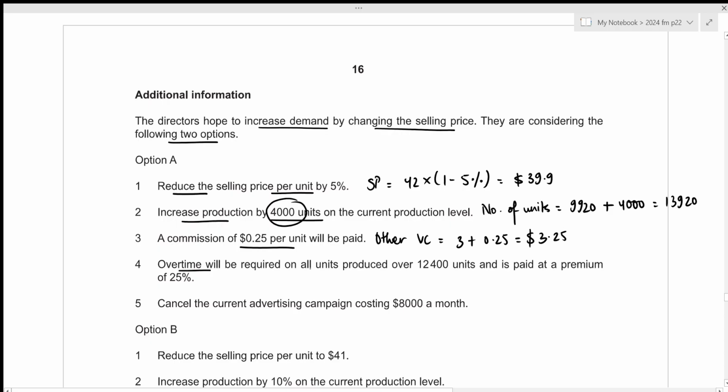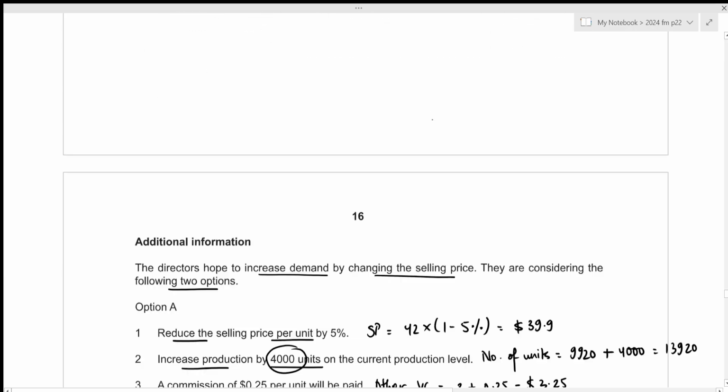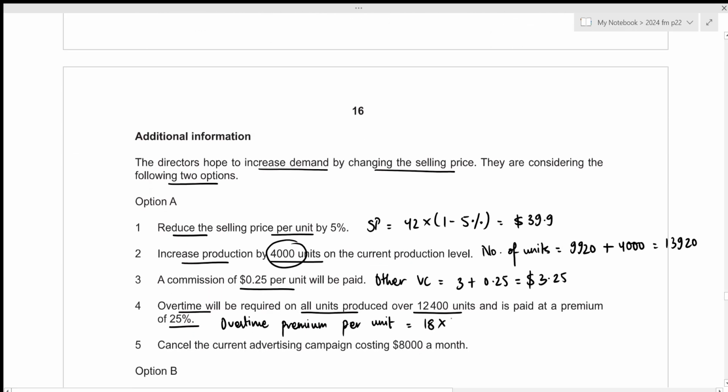Then overtime will be required on all units produced over 12,400 units and is paid at a premium of 25%. Let us calculate the overtime premium first. So we just have to refer back to our direct labor per unit, that is 18. And now we need to calculate 25% of this value. So that will be 4.5. Now remember that all units produced over 12,400 units is paid a premium of 4.5.